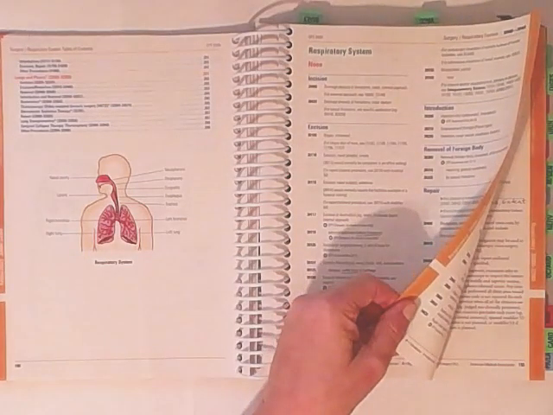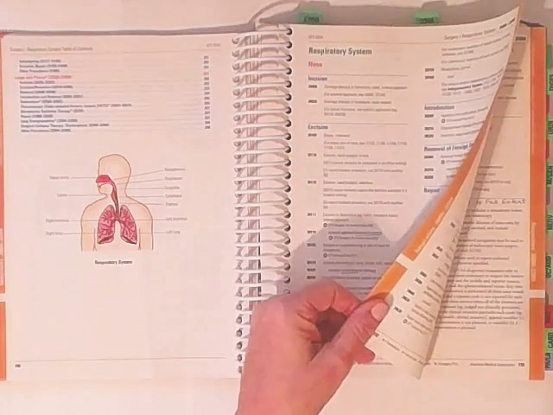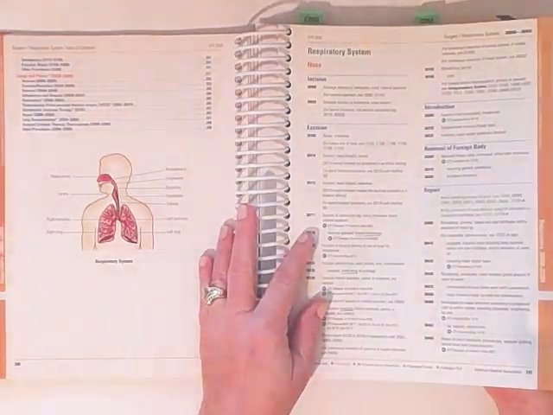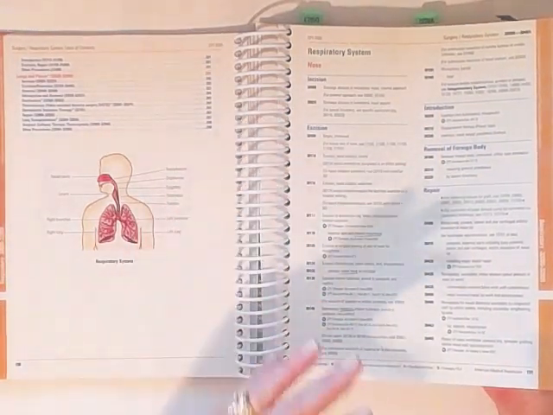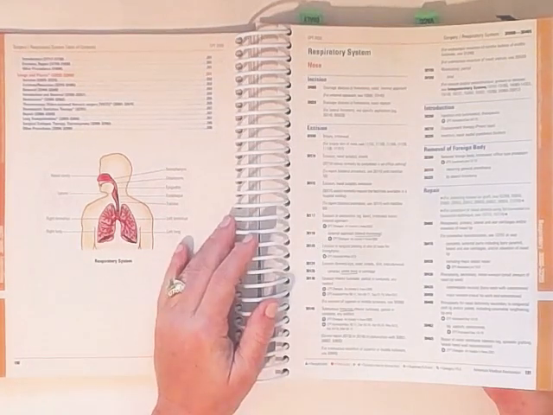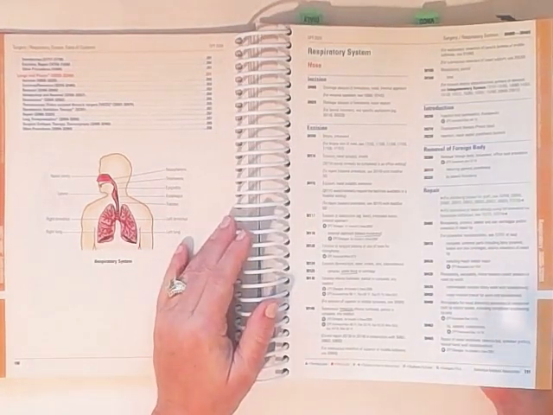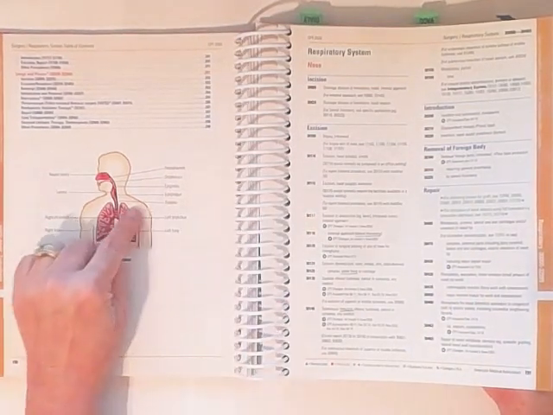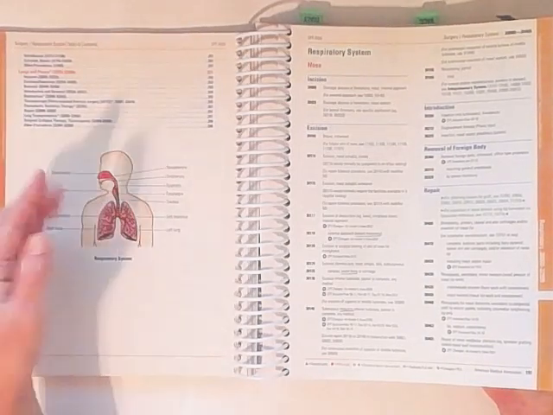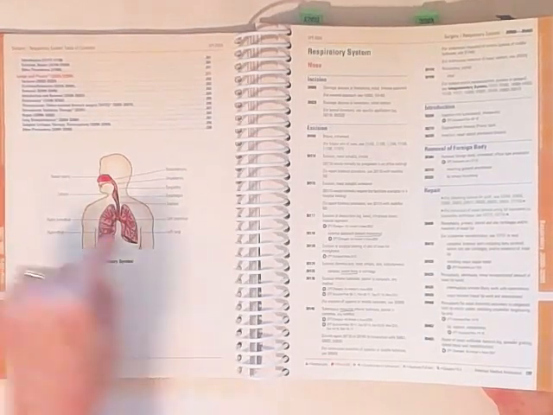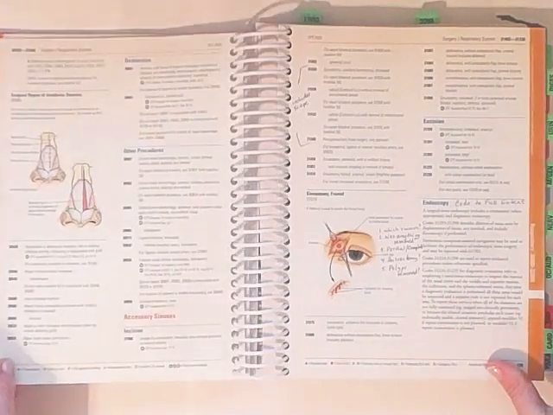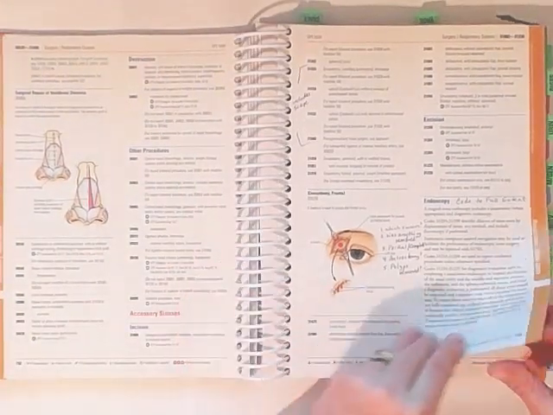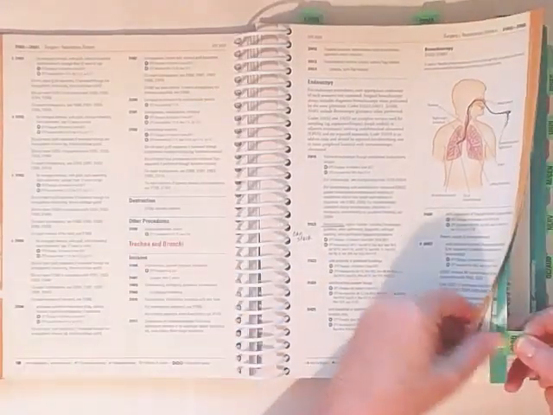We know this because we have upper respiratory infections and we have lower respiratory infections. So your upper is generally pharynx, nose, upper part, and then your lower respiratory system is going to be into the lungs, bronchi, that kind of thing. Okay, so this is the respiratory.